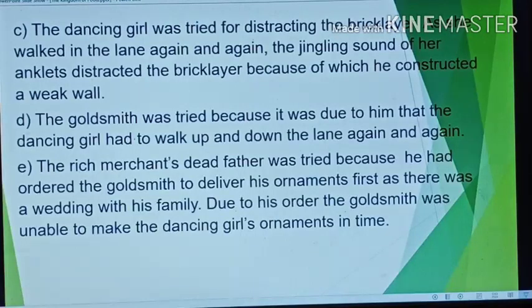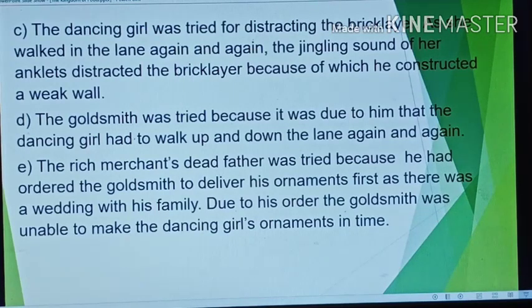C. The dancing girl was tried for distracting the bricklayer as she walked in the lane again and again. The jingling sound of her anklets distracted the bricklayer, because of which he constructed a weak wall. D. The goldsmith was tried because it was due to him that the dancing girl had to walk up and down the lane again and again.